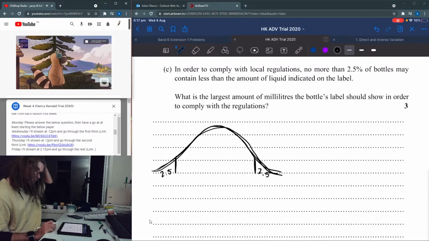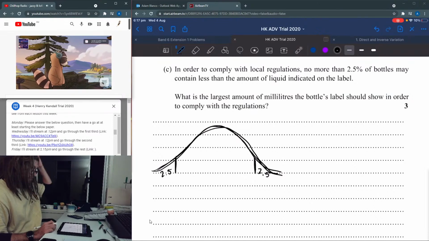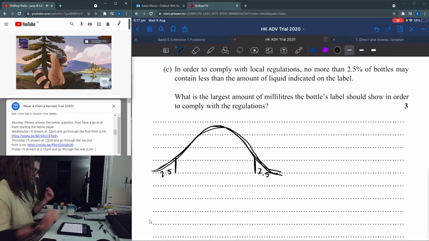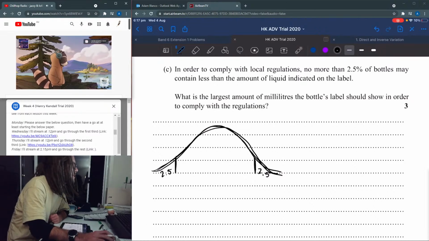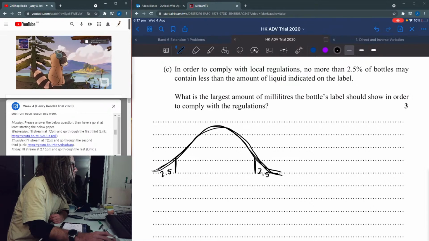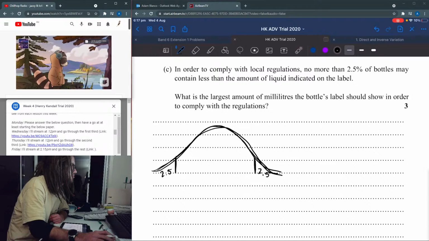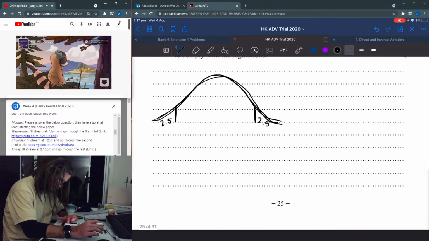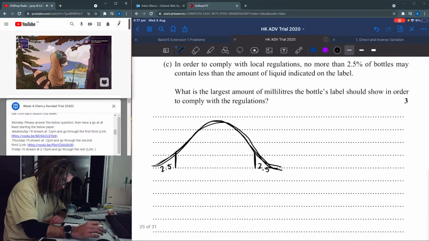It's the largest amount. I don't really know why that's 3 marks. I'd love to know where the marks go. Oh, it has to have been changed. There's no way that's a 3 mark question.